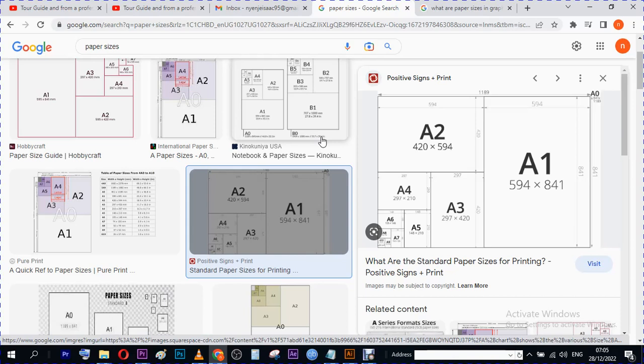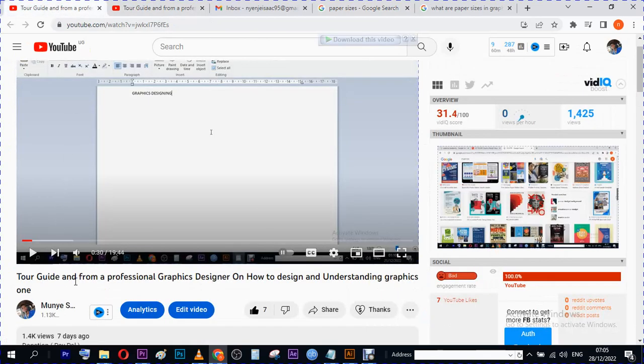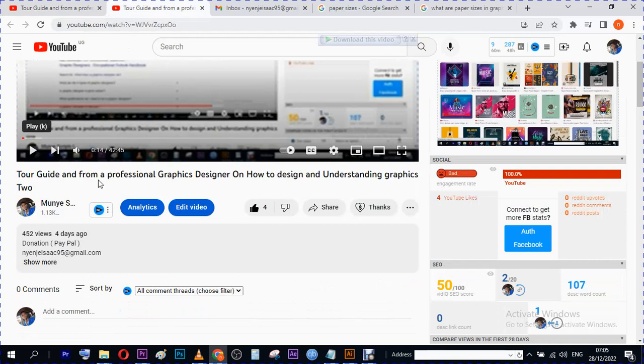Basically, this is the height and width of a paper, or you may call it the length of that paper. Remember that this is a continuation of our tutorials from a professional graphics designer on how to design and understand graphics, part 1 and part 2.